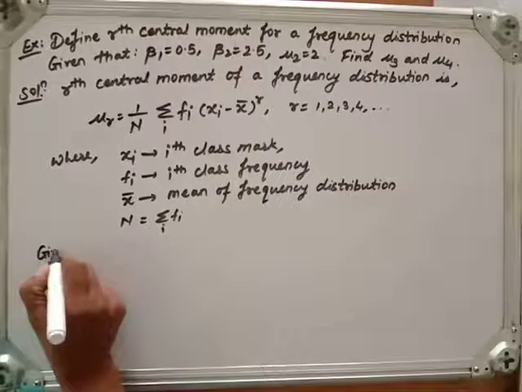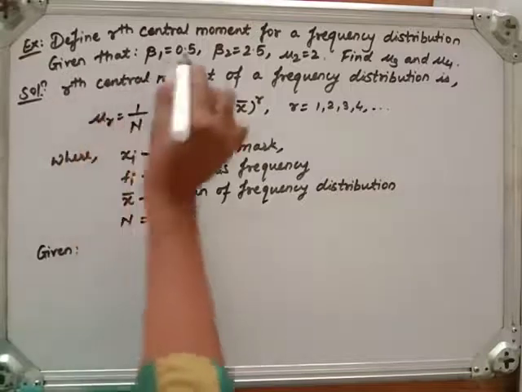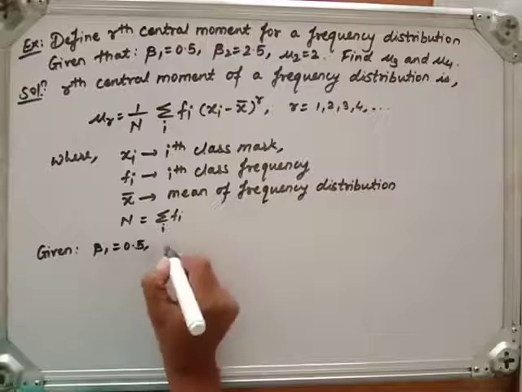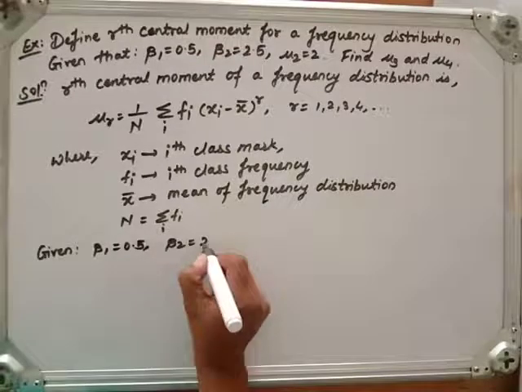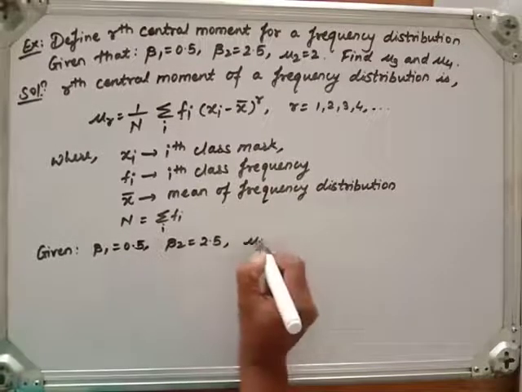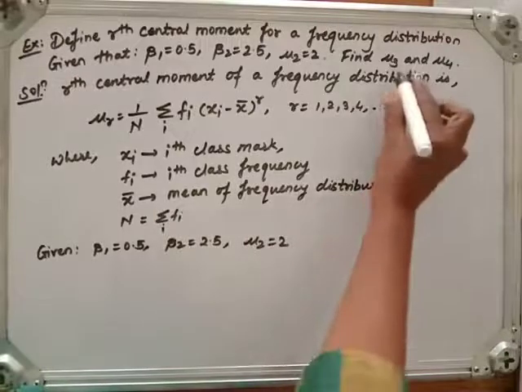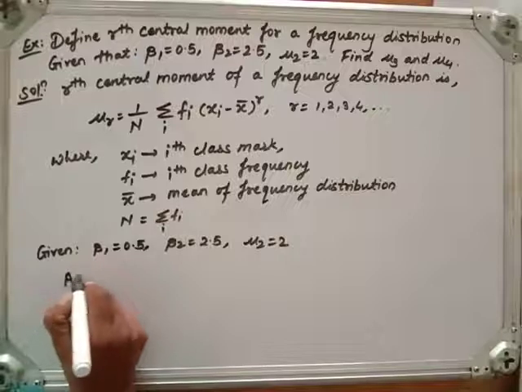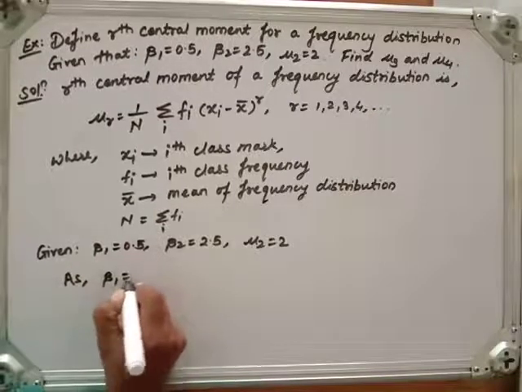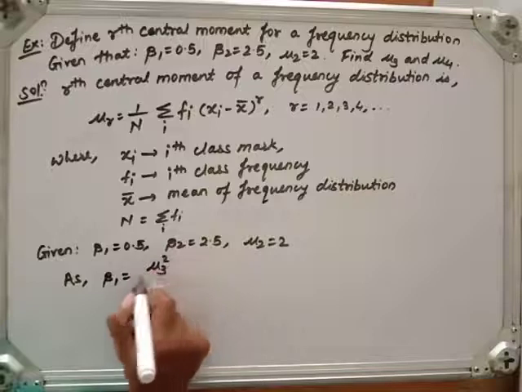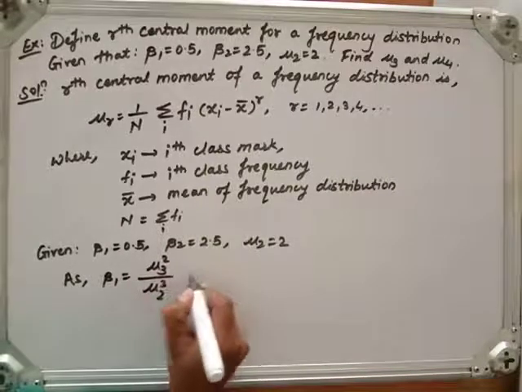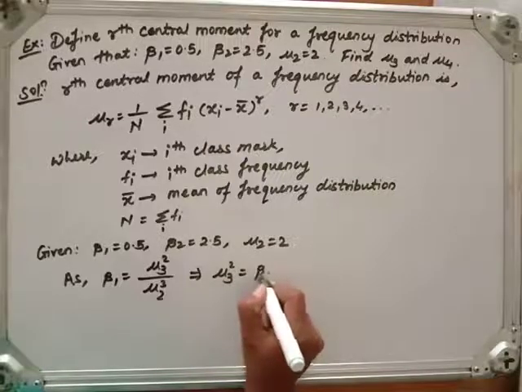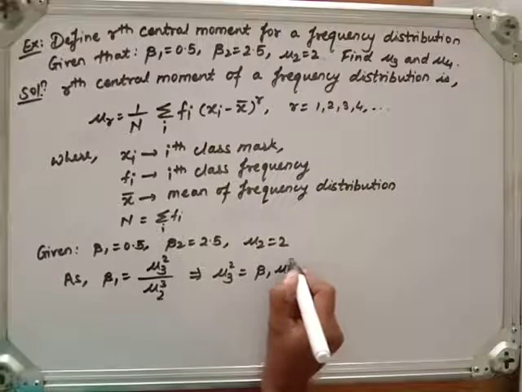Now the next part. What is given? Beta 1 is 0.5, beta 2 is 2.5, mu 2 is 2, and we have to find mu 3 and mu 4. As beta 1 is mu 3 square upon mu 2 cube, this gives us mu 3 square is equal to beta 1 into mu 2 cube.